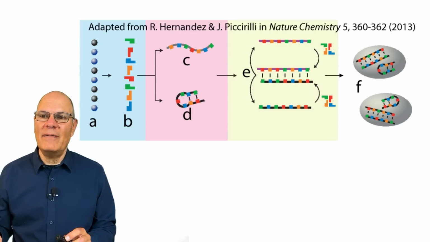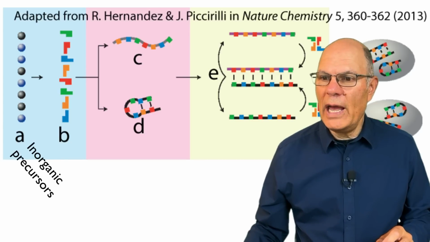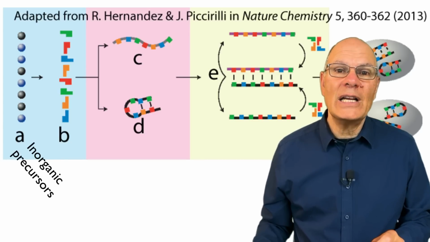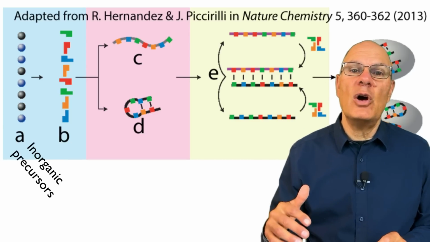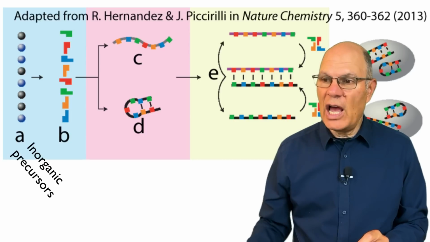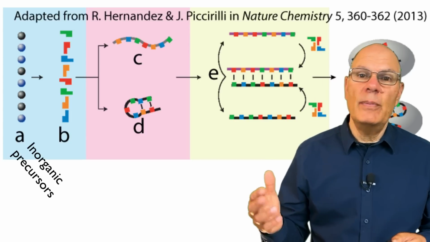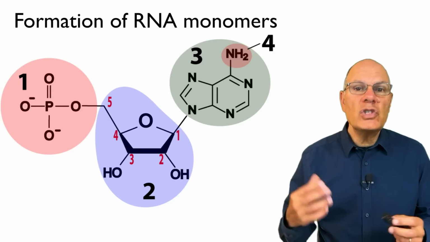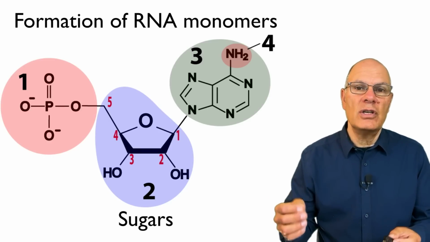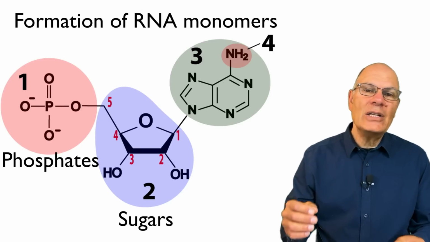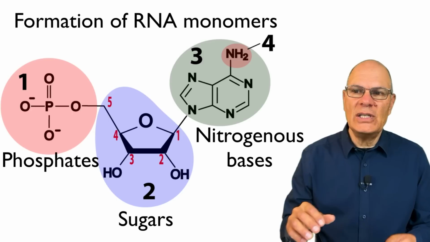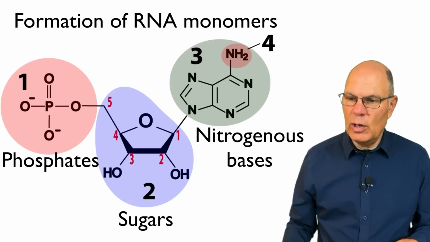Here's how that might have happened. In the beginning, what we had were inorganic precursor molecules. It's what we talked about in the preceding slide with the discussion of the Miller-Urey experiment. So at some point, the sugars, the phosphate, and the nitrogenous bases that make up RNA would have to emerge.